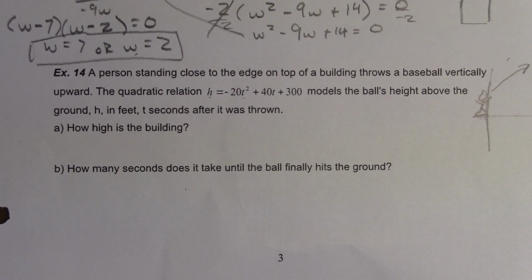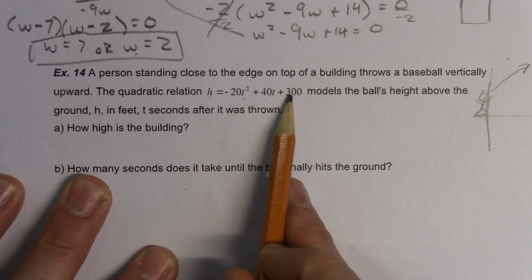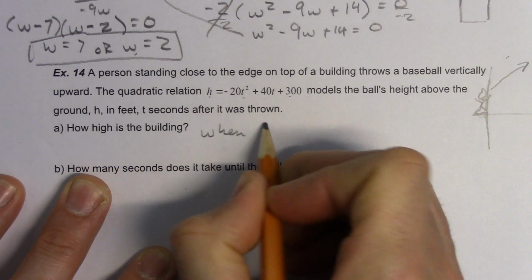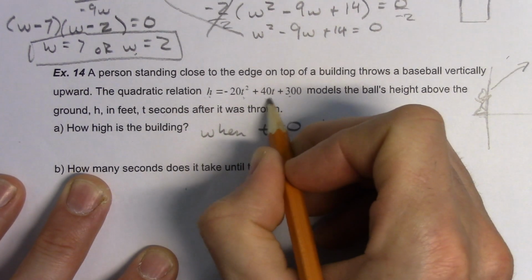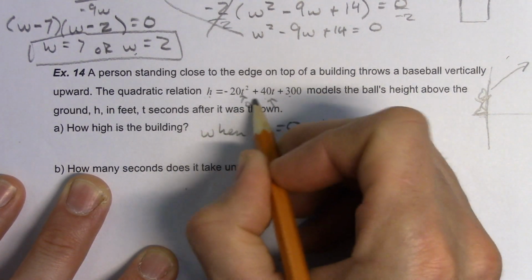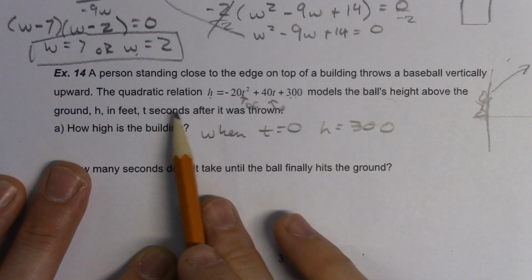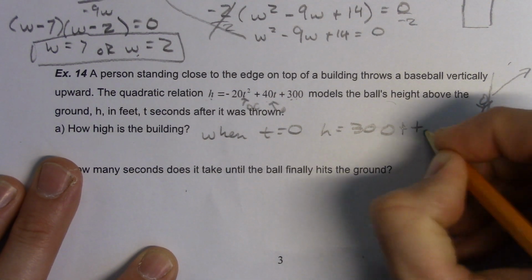Yeah, it's 300, right? Because T is 0, you're going to get 300 for the height. So when time is equal to 0, H is equal to 300. We know that because we subbed in 0 for T there and 0 for T there. So we get 300, and it's in feet, so 300 feet.